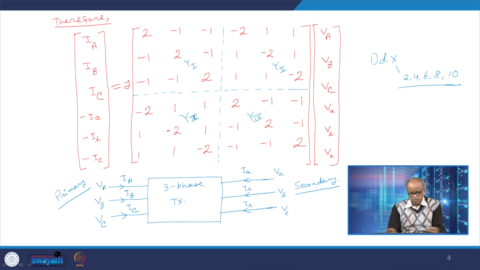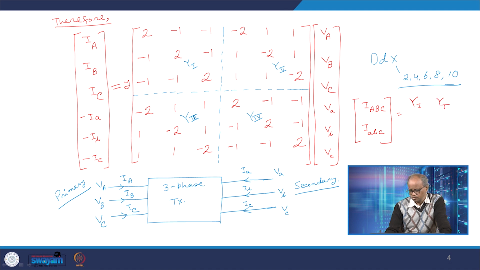So with this, when the currents at both the sides are entering the transformer, we can represent them as I_ABC, and I_ABC is equal to [Y1, Y2; Y3, Y4] times V_ABC.